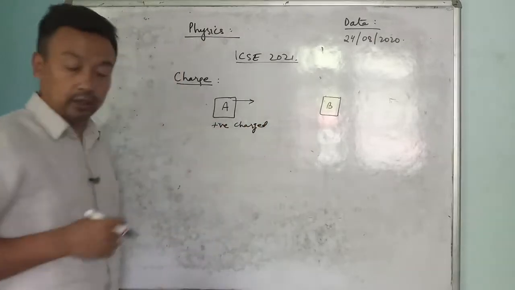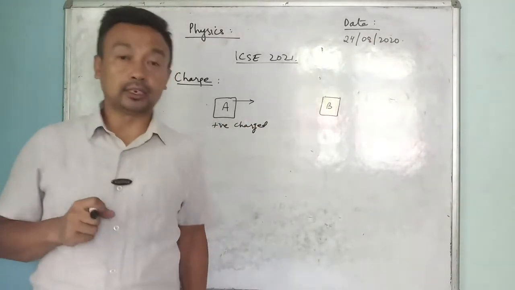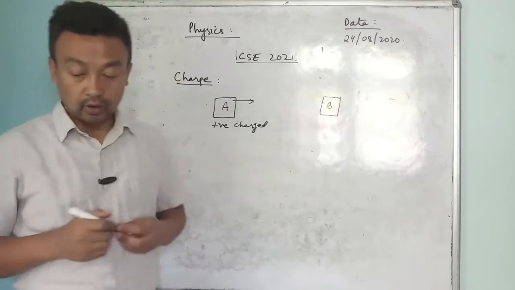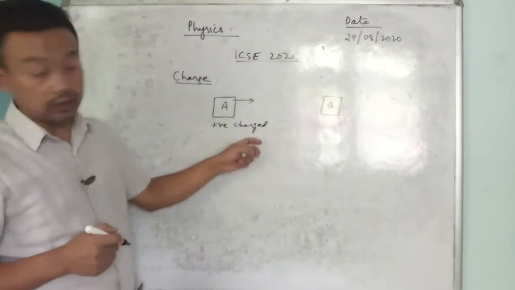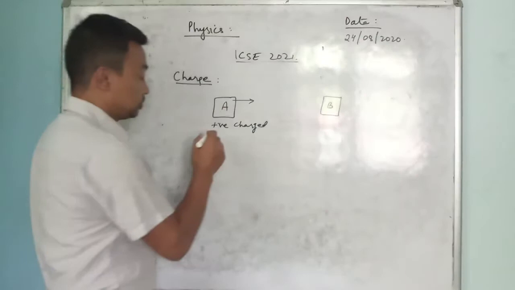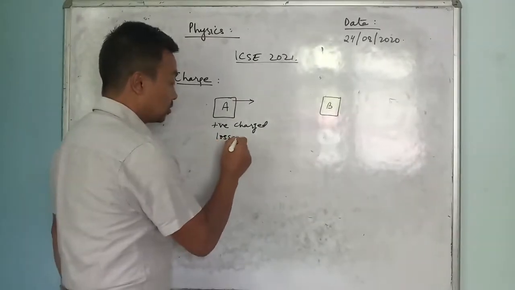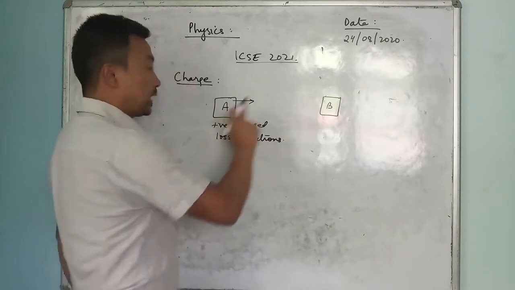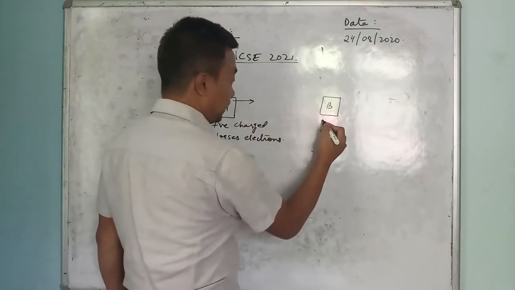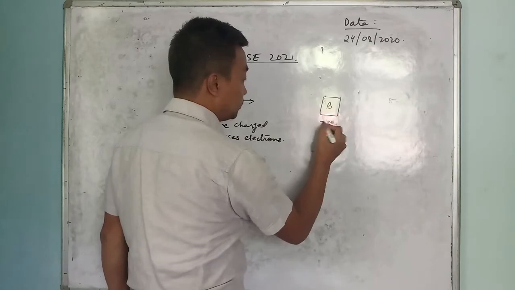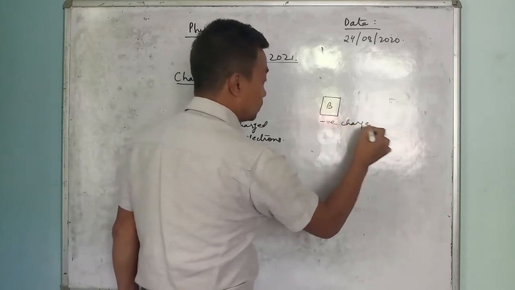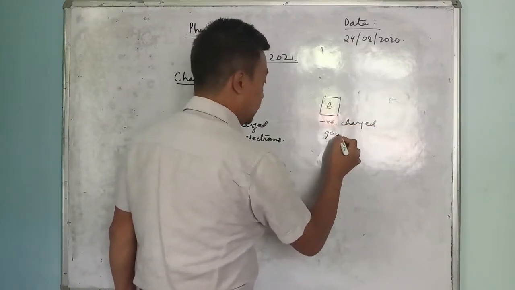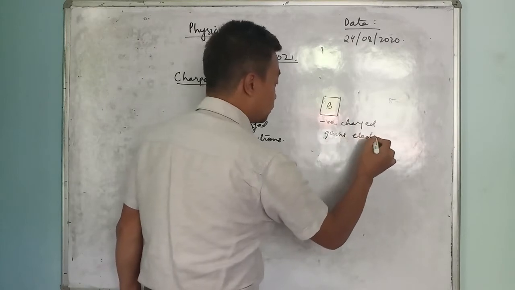Electrons, we all know, are negatively charged, so it loses electrons. And body B will gain the electrons, so it will be negatively charged. So here it gains electrons.